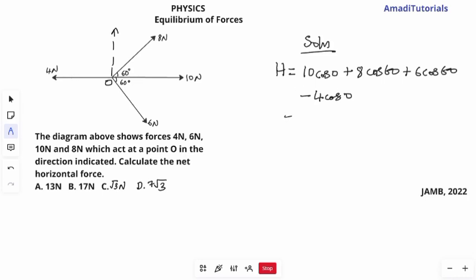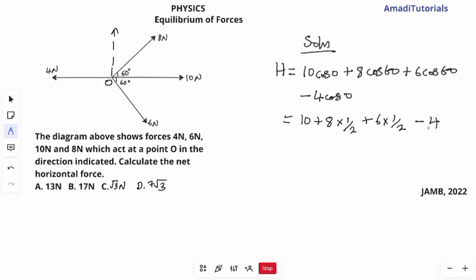So when you process that, 10 cos 0 is 10. Now 8 cos 60: cos 60 is 1 over 2, a half. So that will be 8 times 1 over 2, plus 6 times 1 over 2, then minus 4.